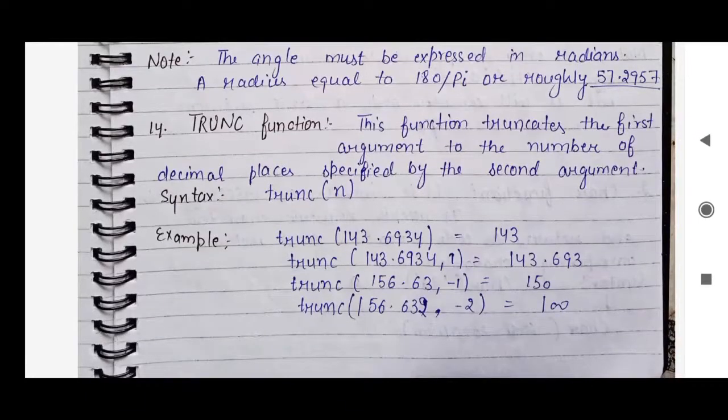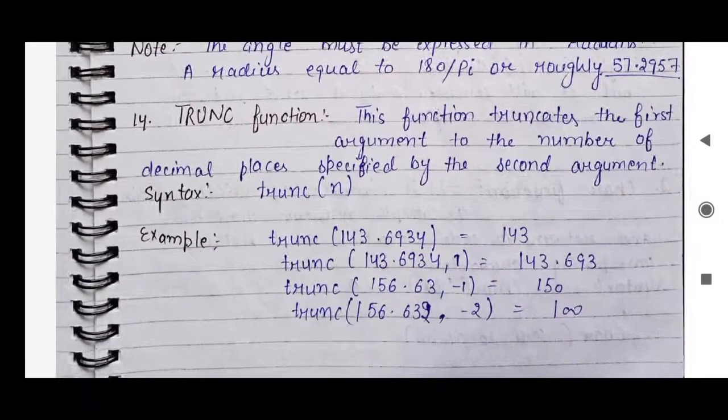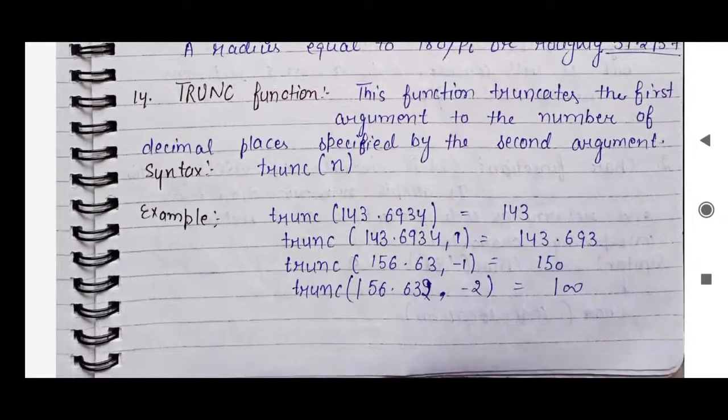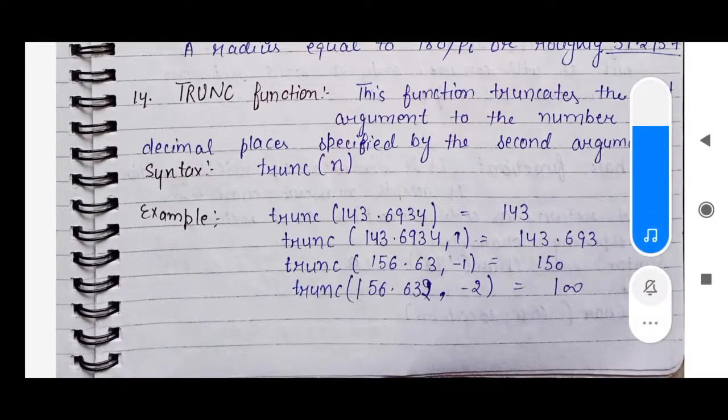For example, in the second example, it is 143.6934. If we want to cut 1 digit, it is 1.